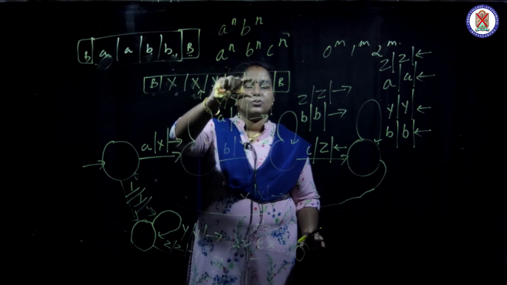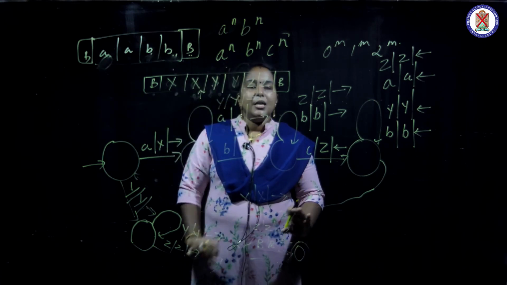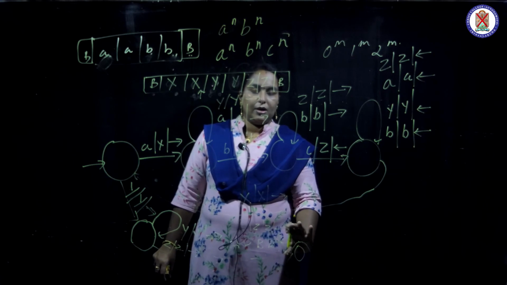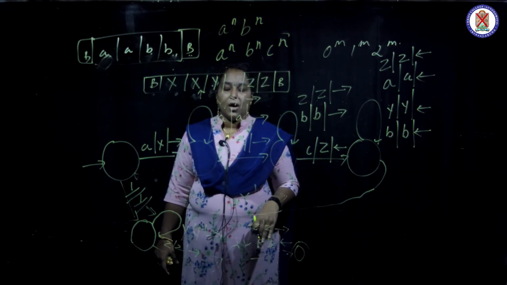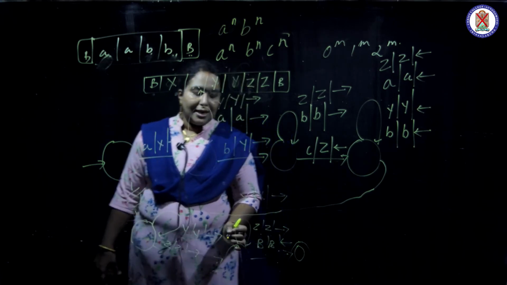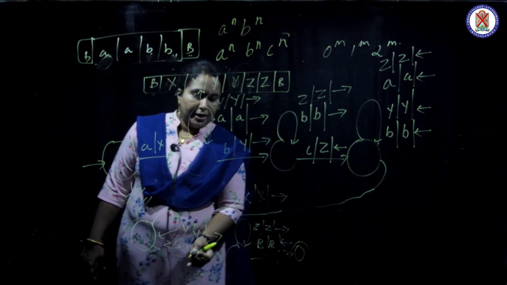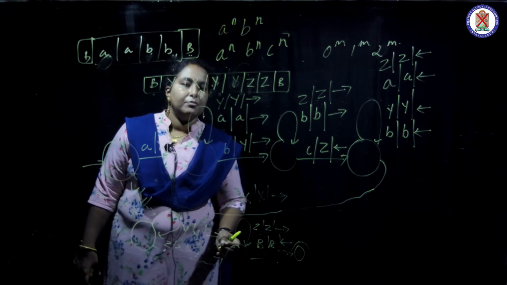If it is correct, it will reach blank. If you reach blank, you can move backward. So that is the logic behind the a raised to n, b raised to n, c raised to n Turing machine.